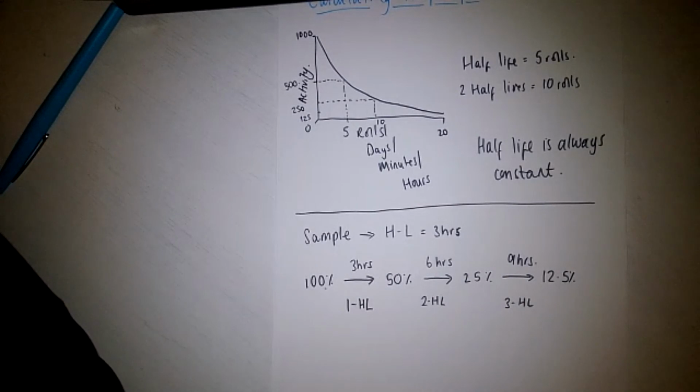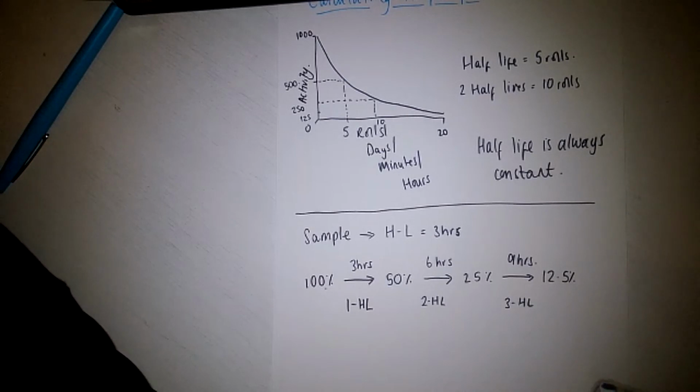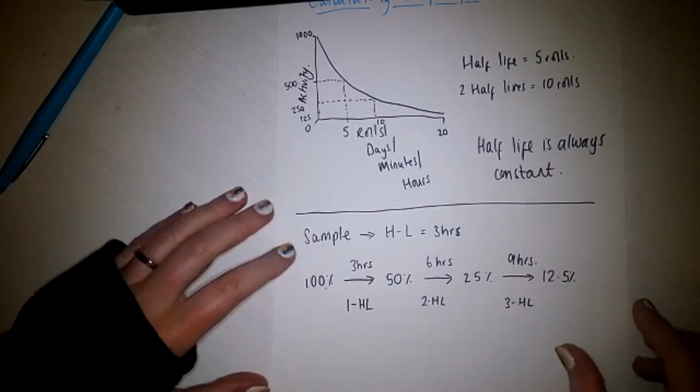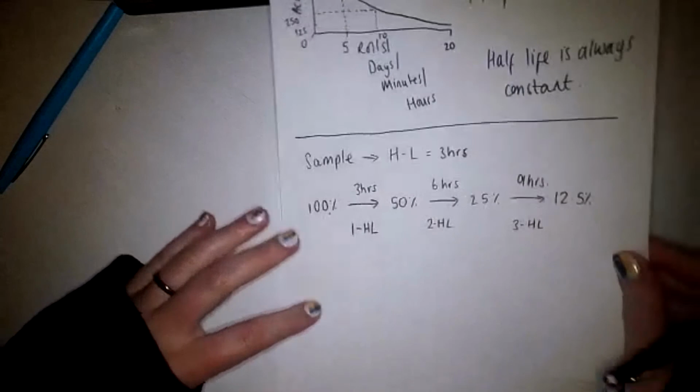I'll do a couple of examples of these just so you've got an idea, and then there's another type of example to show you. So I'll do one more example of this just so you get to grips with what you've got to do.